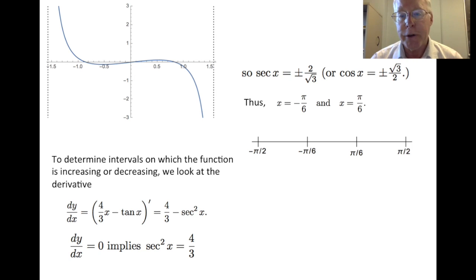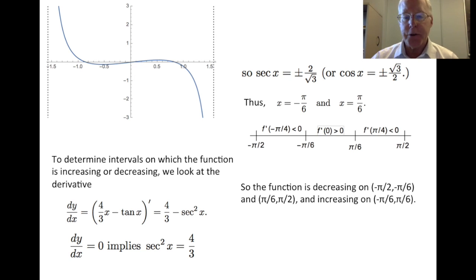We're going to graph those on the number line within the domain, and now determine on each of the three intervals formed whether the derivative is positive or negative, and hence whether f is increasing or decreasing. So, as usual, we're going to check one value of the derivative in each of these intervals. In the first interval, a nice value corresponds to minus pi over 4.